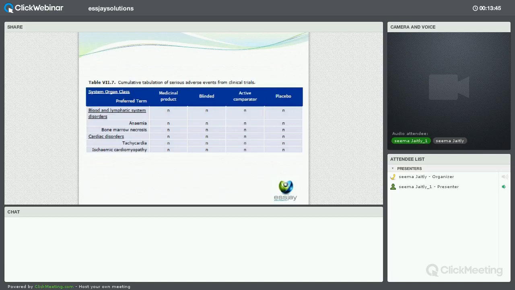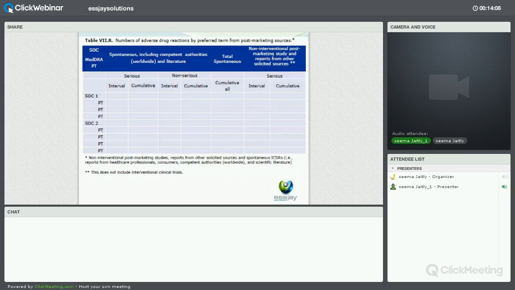I just want to show you what the tables look like, because this is what the regulator is going to see. They're going to see this for your clinical studies, serious adverse events from your studies or something similar, where you have your system organ class, and then you can see medicinal product, blinded, active comparator, placebo, etc. So it gives you an idea of what SAEs you're seeing from your studies.